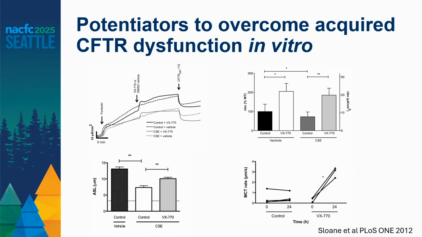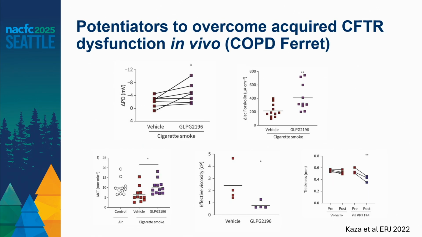And that's also true of the airway surface layer and the mucociliary clearance transport. And then also in a COPD ferret, which is smoke exposed for 6 months, we see similar decrements in CFTR function that are overcome, this time with a Galapagos derived potentiator. So nasal PD improves, transepithelial current improves, mucociliary transport, the mucus viscosity improves, as does the airway wall thickness.